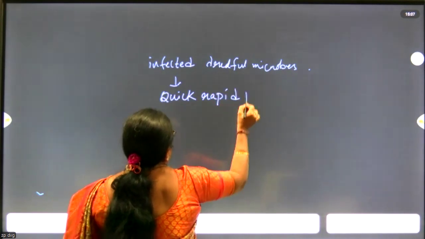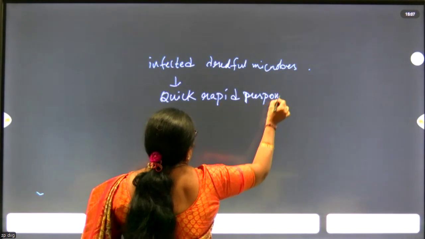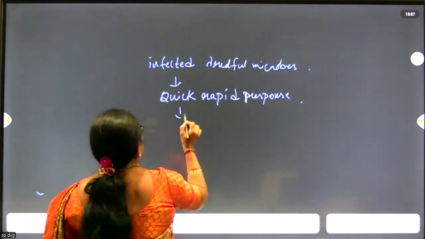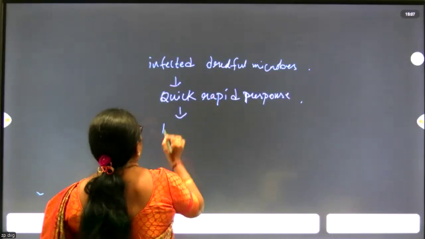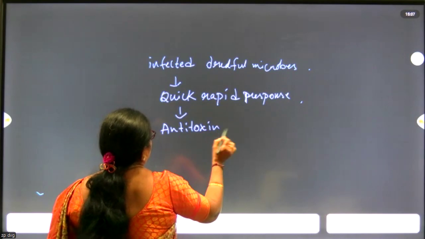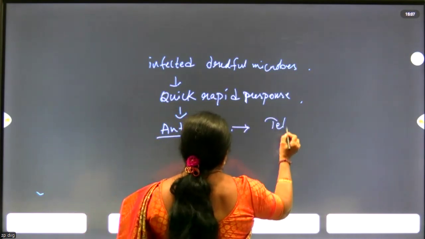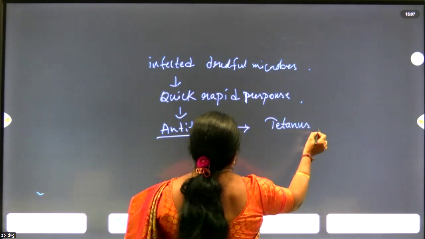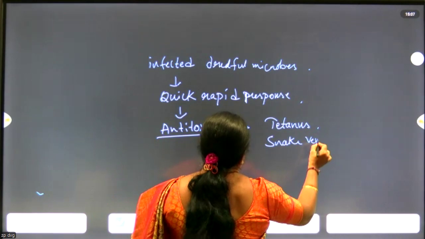This rapid response is available only with the help of certain antitoxin. Examples are tetanus and snake bite, snake venom.